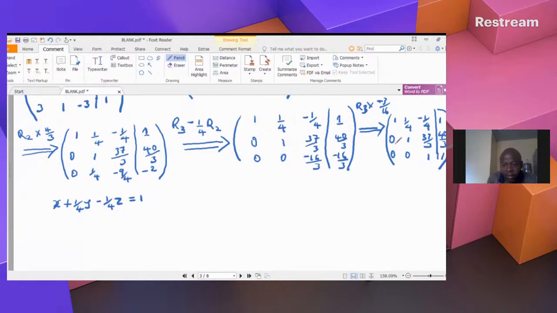And this other one means 0x plus 1y plus 37 out of 3 z gives us 40 out of 3.